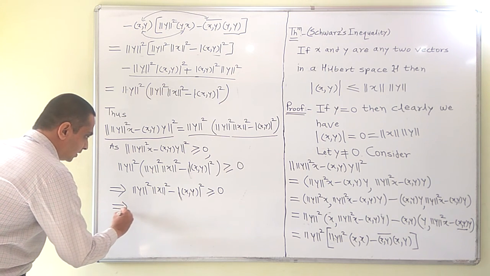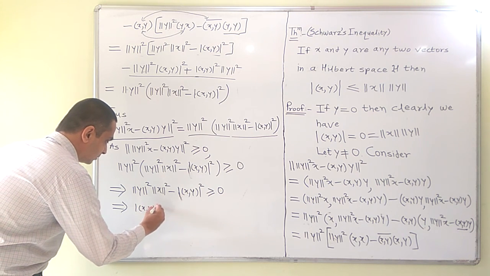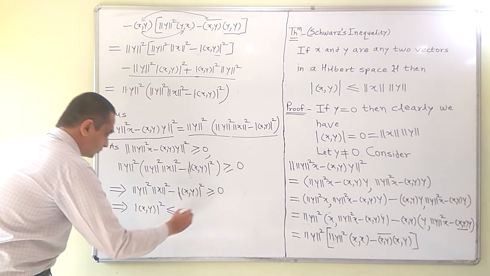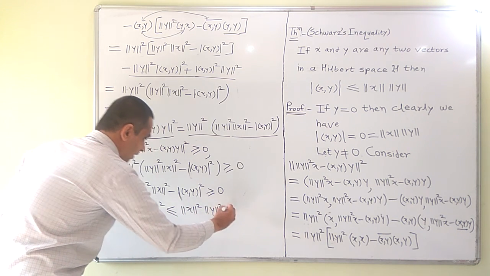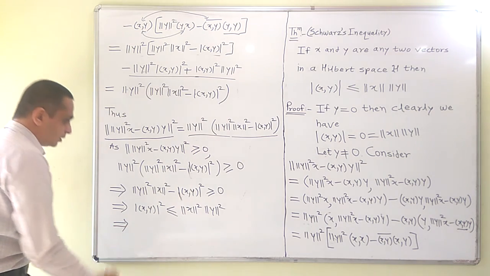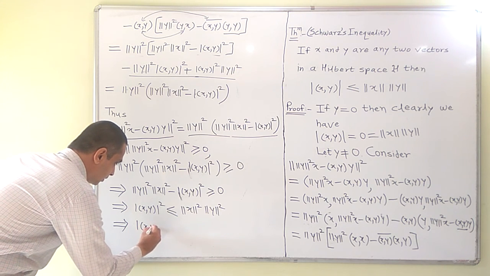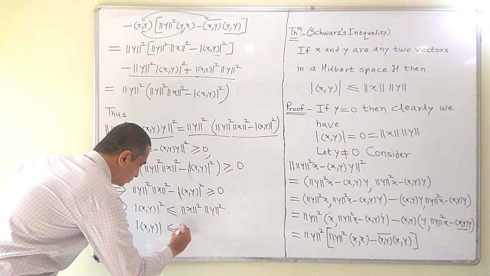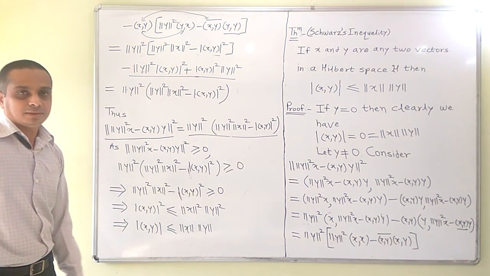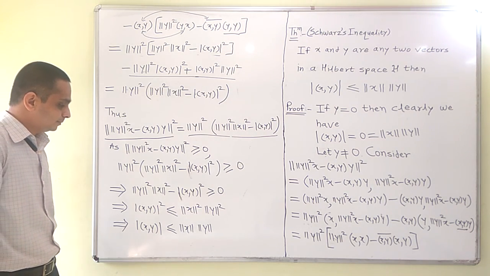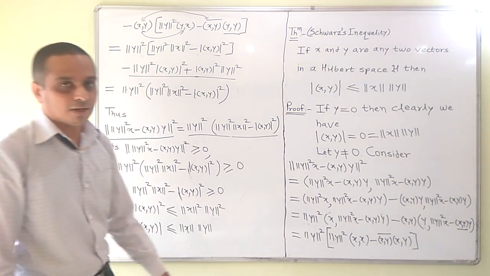So, we are simply left with, what we can simplify is, mod of xy square is less equal to norm of x square into norm of y square, and by taking non-negative square root of both sides we obtain that modulus of inner product of xy is less equal to norm x into norm y. And this is what we wish to prove. This is called the Schwarz inequality.